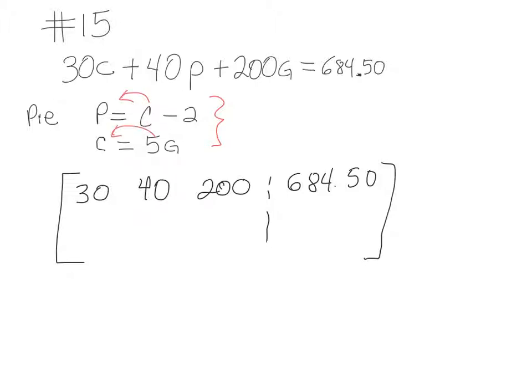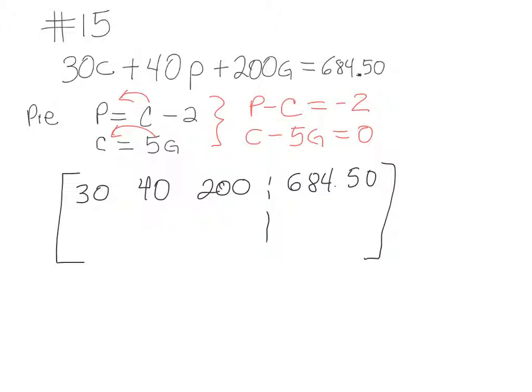So that would be P minus C equals -2, and C minus 5G equals 0. So I'm moving the stuff to the left so that I can put them into a system of equations.